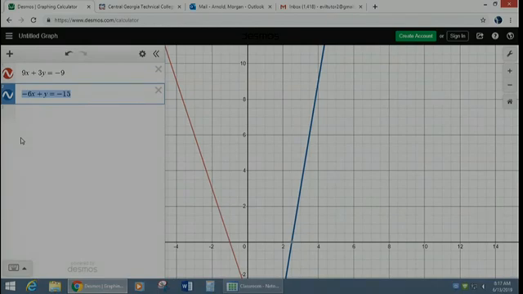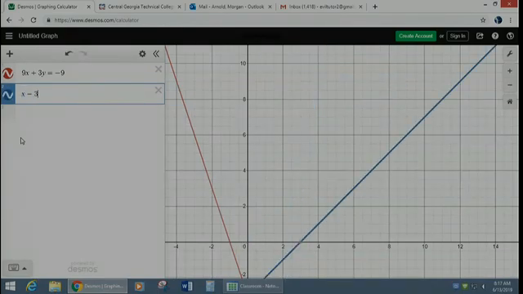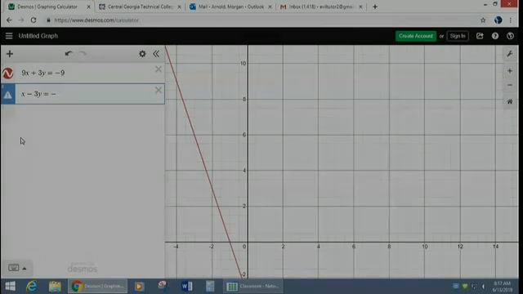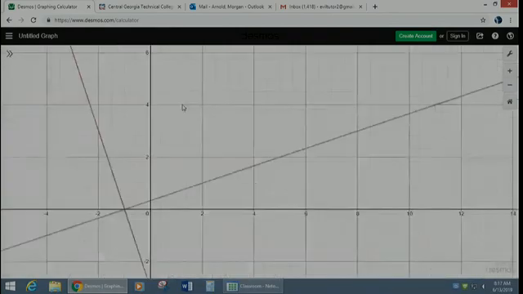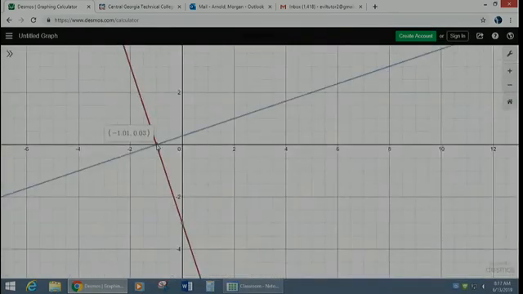And the second equation is x minus 3y equal to negative 1. So when we minimize our system, and just hover your mouse over the point of intersection, the ordered pair (negative 1, 0) is a solution to the system.